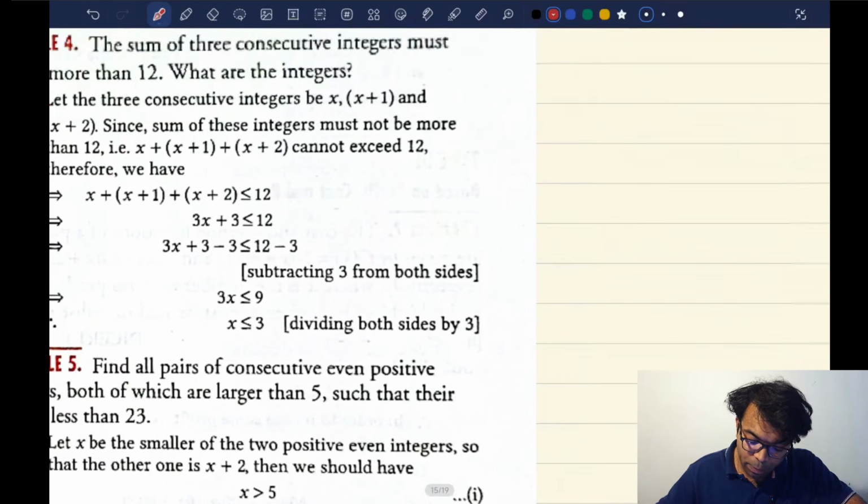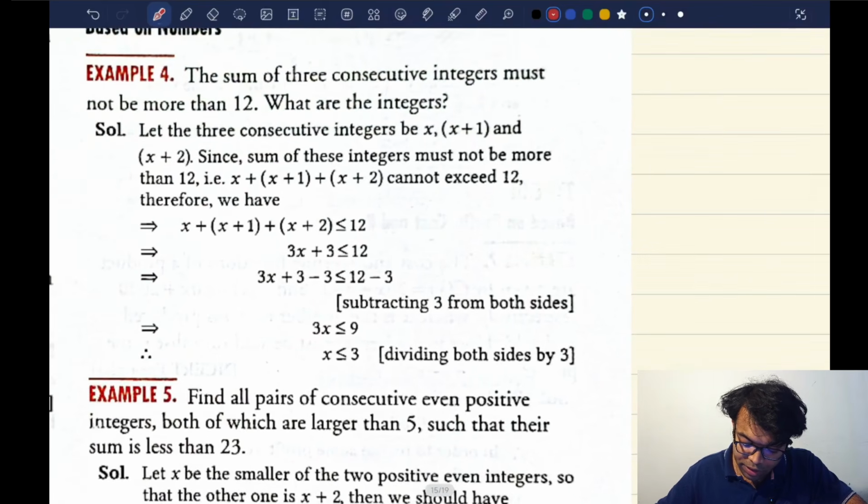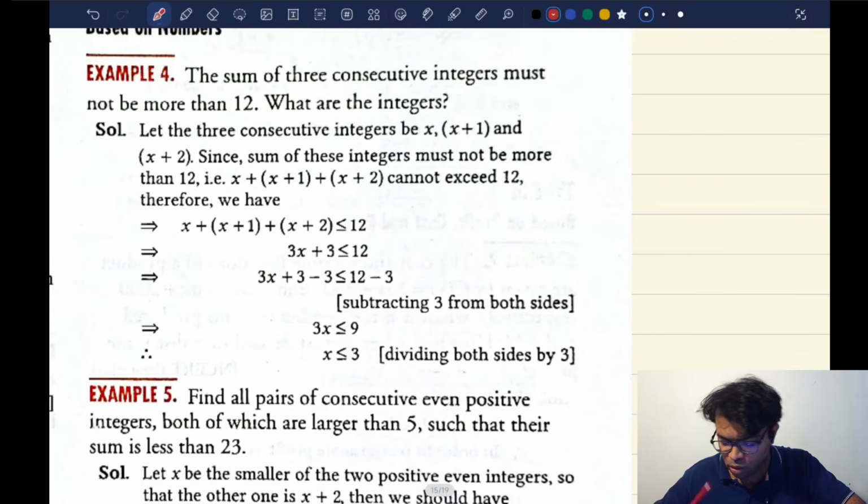Find all the pairs of consecutive even positive integers, both of which are larger than 5, such that their sum is less than 23. Okay.